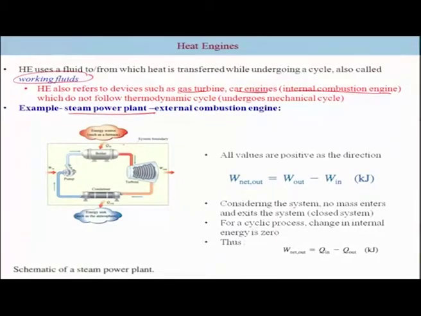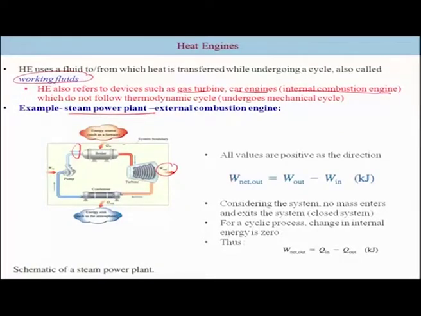It expands in the turbine to a low pressure, and because of expansion it rotates the shaft, getting the work out. At low pressure, it rejects heat from the vapor, which gets condensed to liquid. The liquid gets pumped back to the pressure of the boiler, and this continues in a cycle.